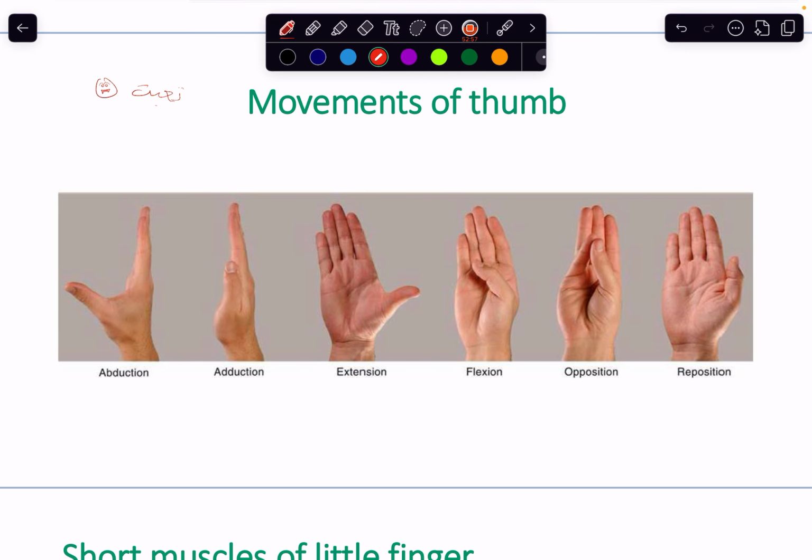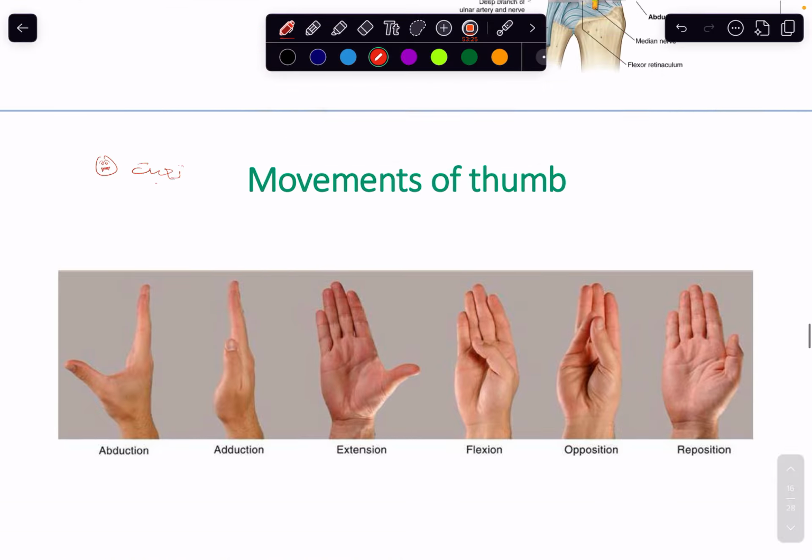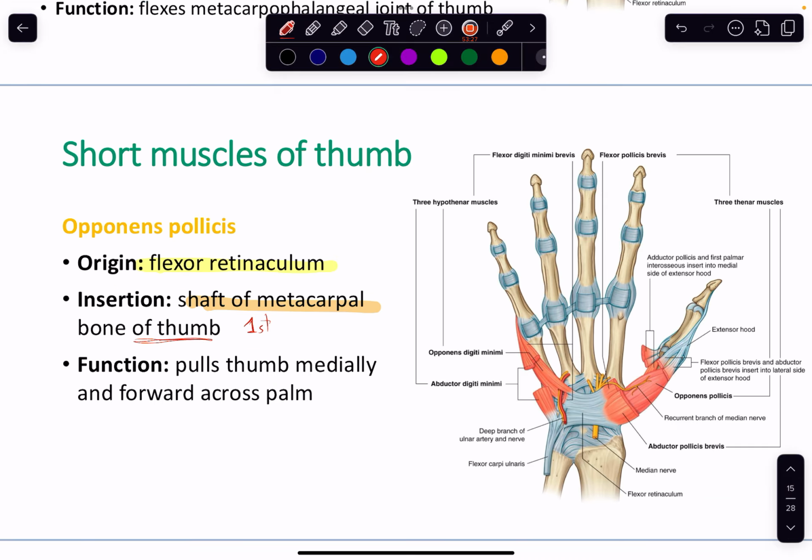Short muscles again. If I ask you, what is the nerve supply of the opponens digiti minimi? Ulnar? Opponens digiti minimi. Nerve supply? Median nerve. Median, trust me. Oh, how many? Median nerve.